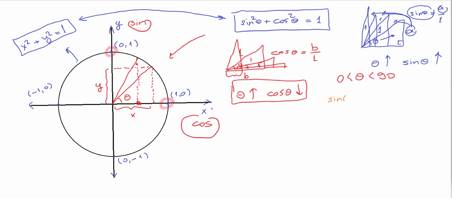Sine 0 degrees is equal to, don't forget sine is y, 0 degrees is equal to 0. Cosine 0 degrees, on the other hand, is equal to, what is that? Its x-axis is equal to 1. How about sine 90 degrees?